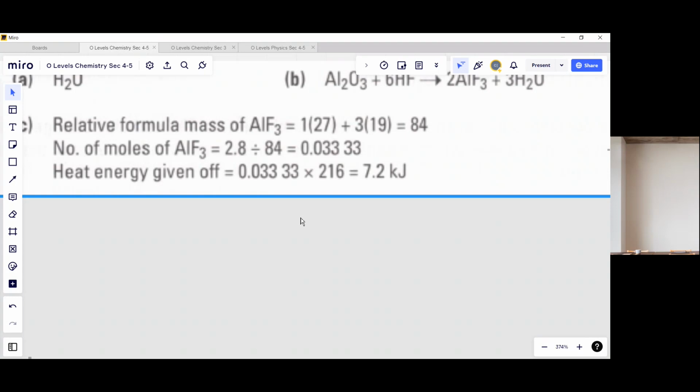Basically, you can write out: of course, KI contains I minus. So basically, I minus is oxidized to I2. As I said, this is normally a solution.